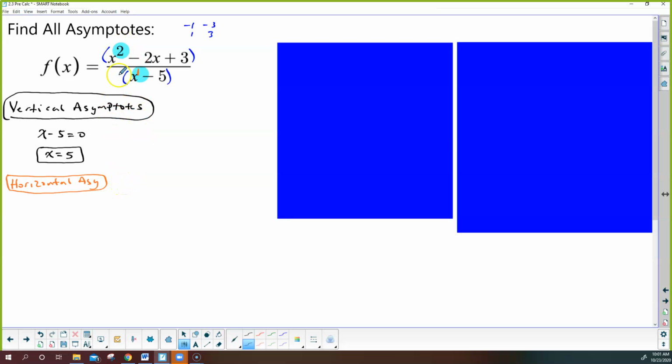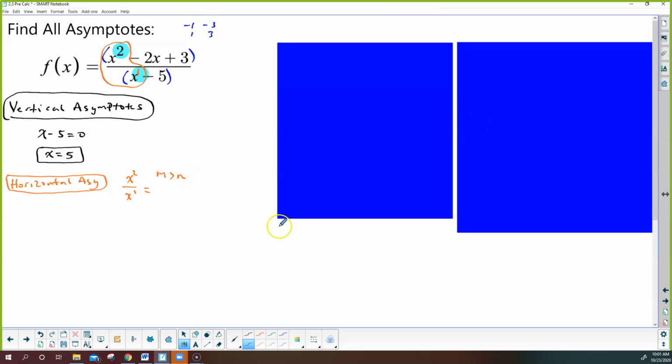We know that the top degree, and again, you're really just looking at the beginning pieces here. And I'm going to tie a connection into limits here in a second, because horizontal asymptotes are what's happening as you go to the far, far left and the far, far right. But what we're going to do is just compare the degrees. How does 2 compare to 1? Well, in this case, m is greater than n.